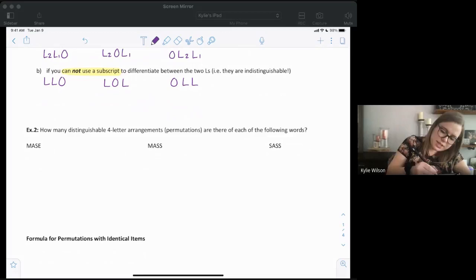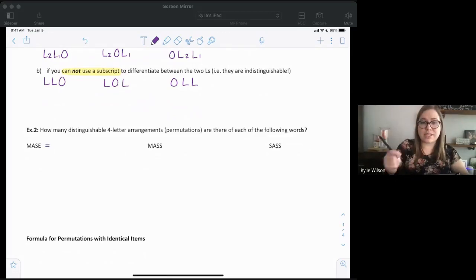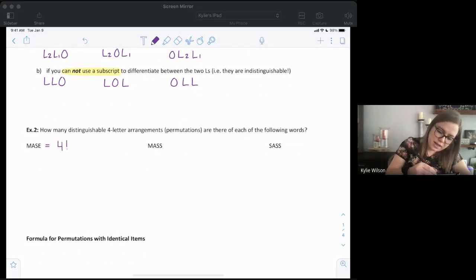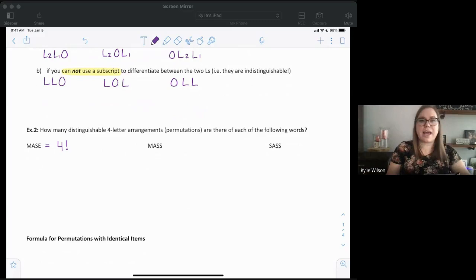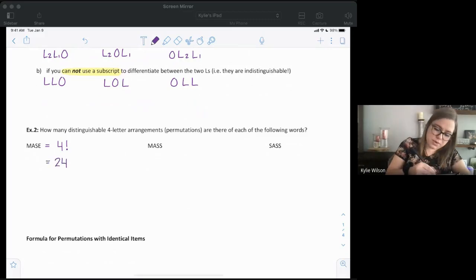Our first one here, mace, there are 4 different letters. So when I rearrange them, I can just use 4 factorial to get my final answer. In this case, there would only be 24 ways to rearrange the word mace.